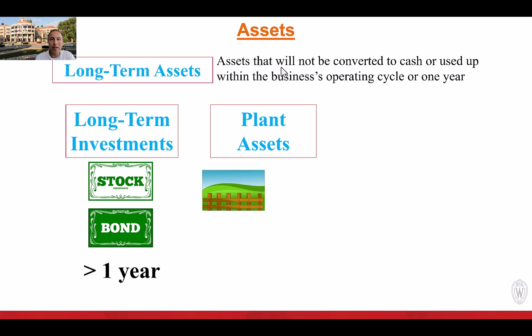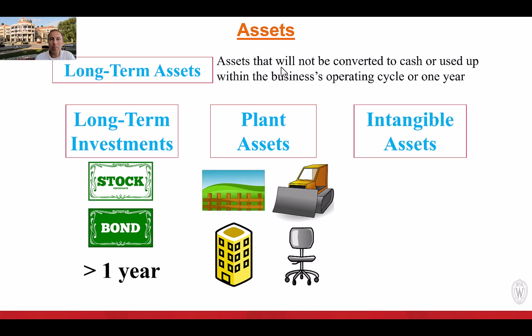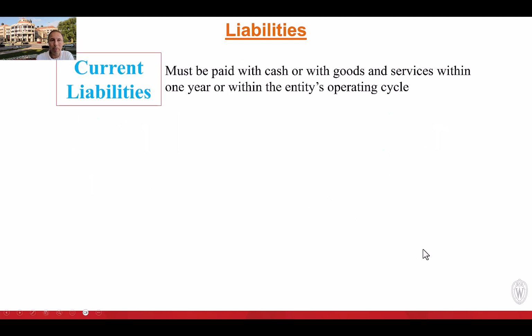Plant assets like land and equipment and buildings and furniture are all examples of long-term assets that are not current. And something we'll get into later on in this course, intangible assets. Those give companies a special benefit, but you can't touch and feel them, like equipment and buildings. Some examples are patents, copyrights for music or books, and trademarks as well.